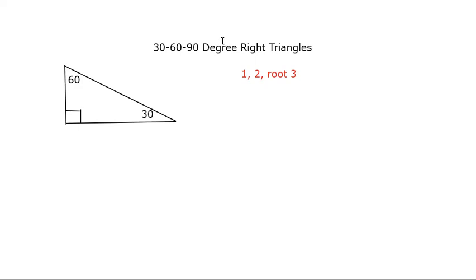But let's go back and do a little review on roots. The square root of 1, the square root of 4, maybe the square root of 25, and even in between there is the square root of 9.